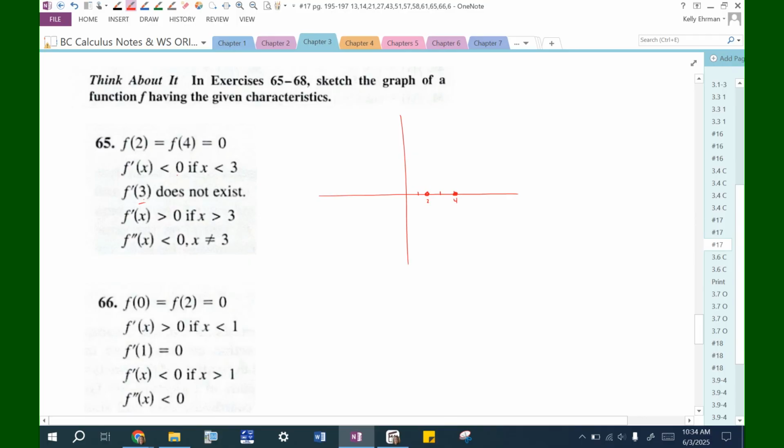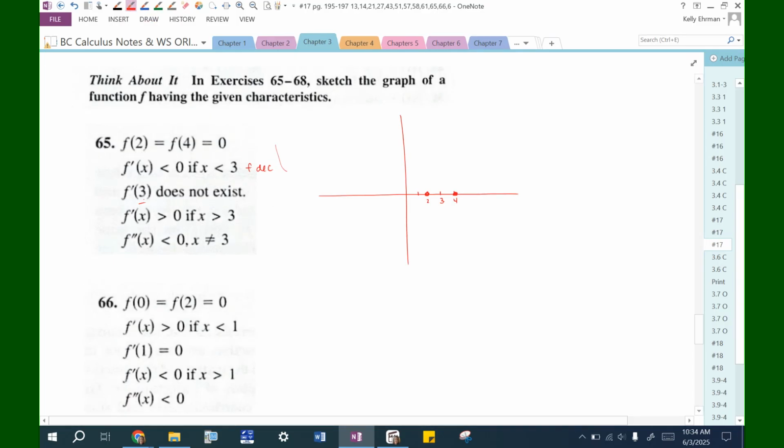f prime of x is less than 0 if x is less than 3. So f is decreasing to the left of 3. So something like this. And then f prime of 3 does not exist, so that could be like a horizontal tangent, no, not a horizontal tangent, sorry.